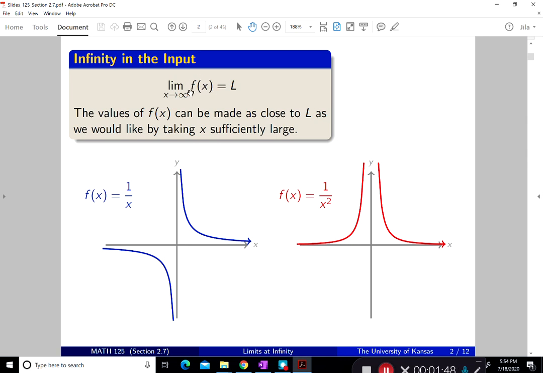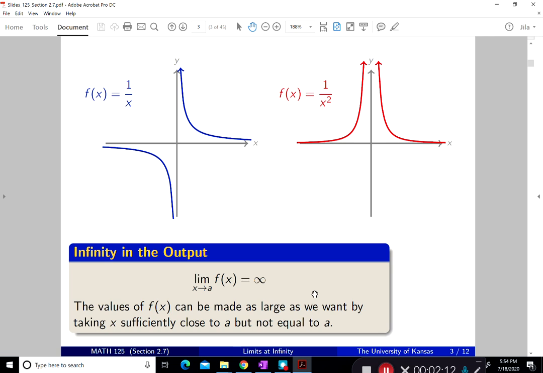One thing is that when this infinity is changed to negative infinity, then negative infinity is the behavior of the function on this side. And then you also see that there are y values going to infinity, and those are the vertical asymptotes.